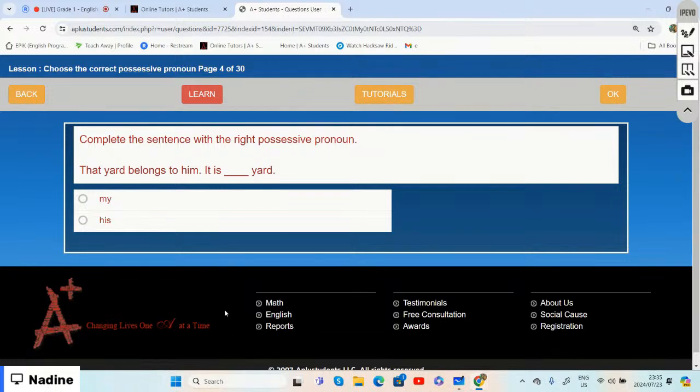So if we said it belongs to him, then we can say it is his yard.